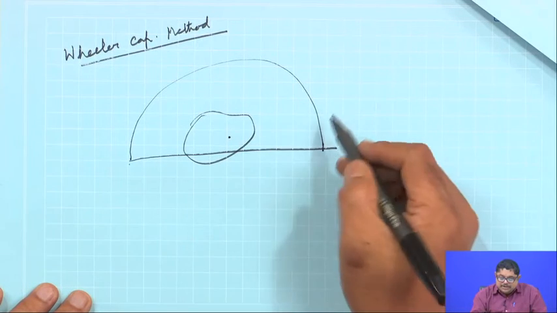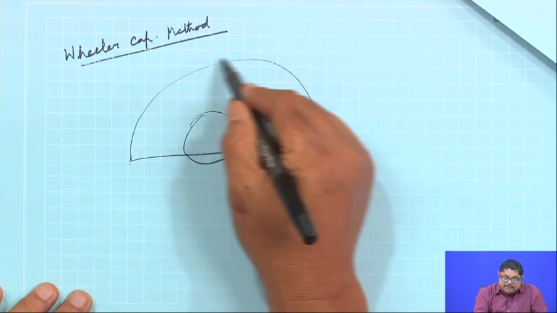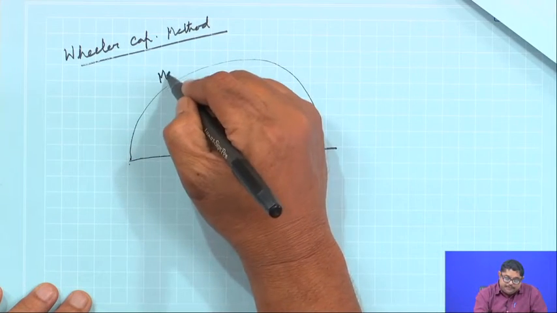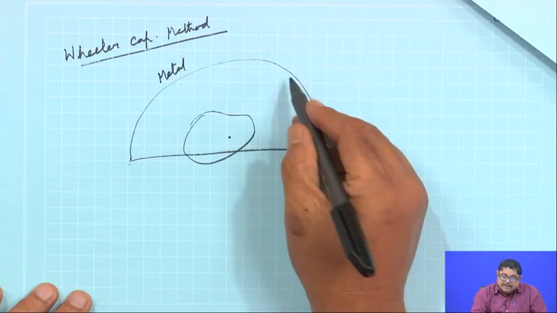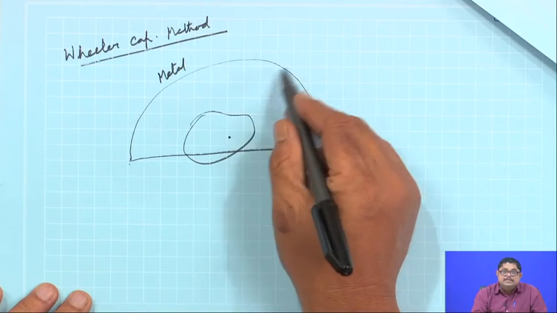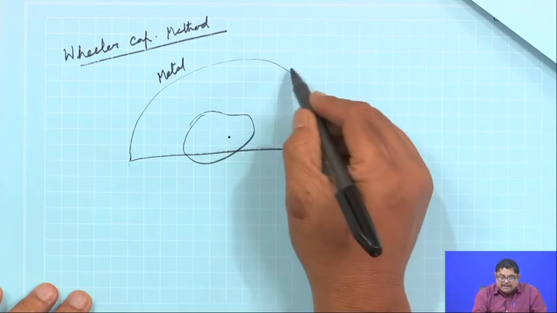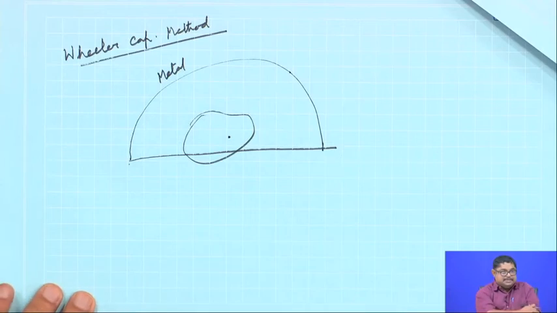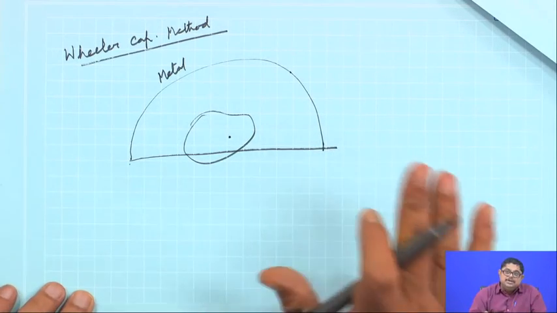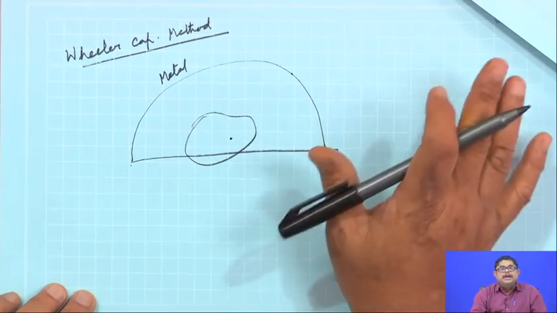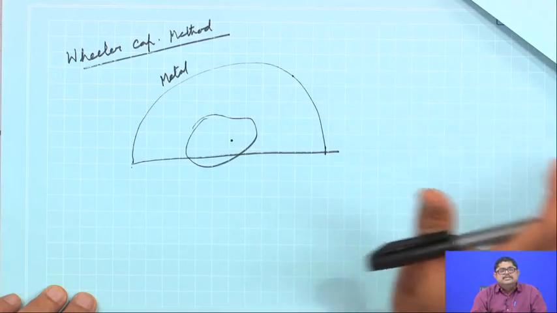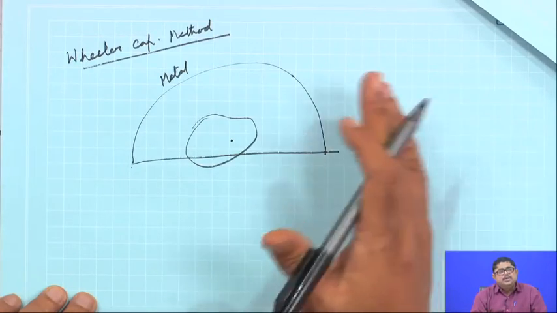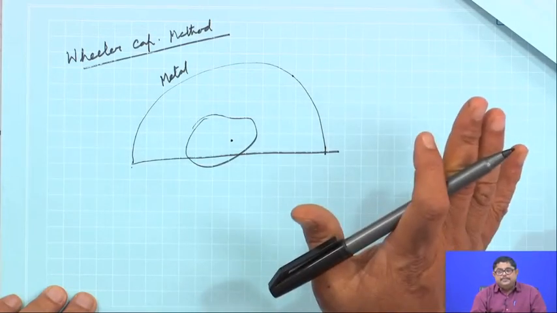Now, what he is assuming is that this metal is sufficiently large that there is no interaction between the antenna's currents and this metal. That is the assumption. That is not actually true, but for small antennas people have found that it is not even 1% error.